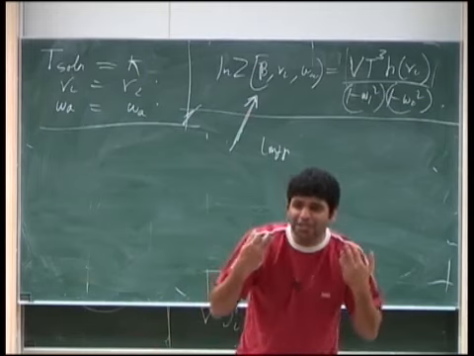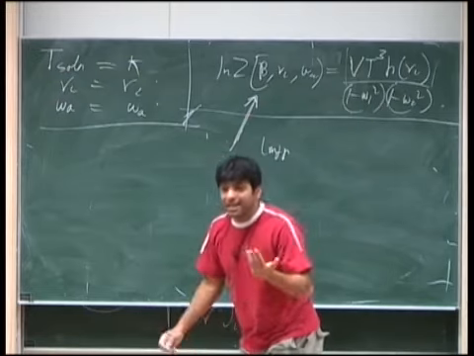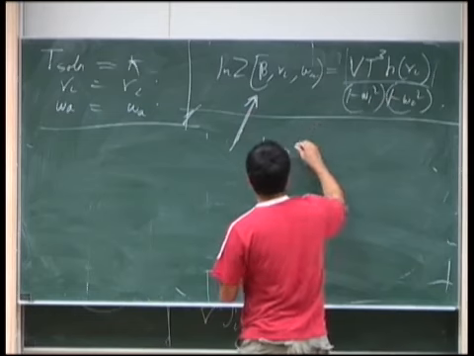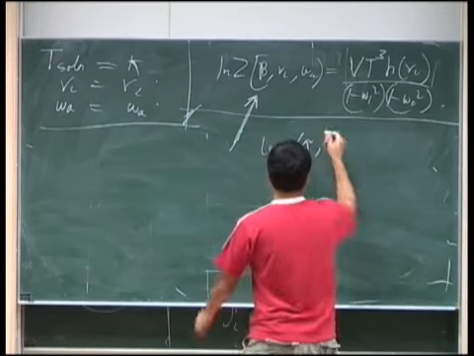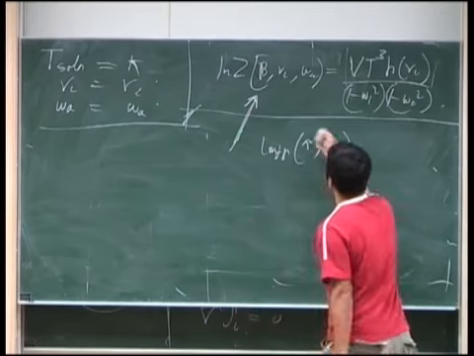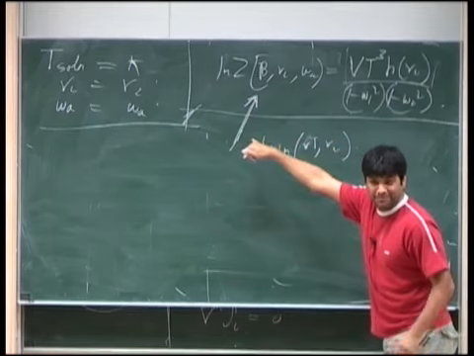This is also something that takes a little doing, but when you do it, you get a relatively simple answer. You see, LMFP is a function of local temperature and nu i's, but this local temperature, remember, was just gamma times the temperature of the solution.